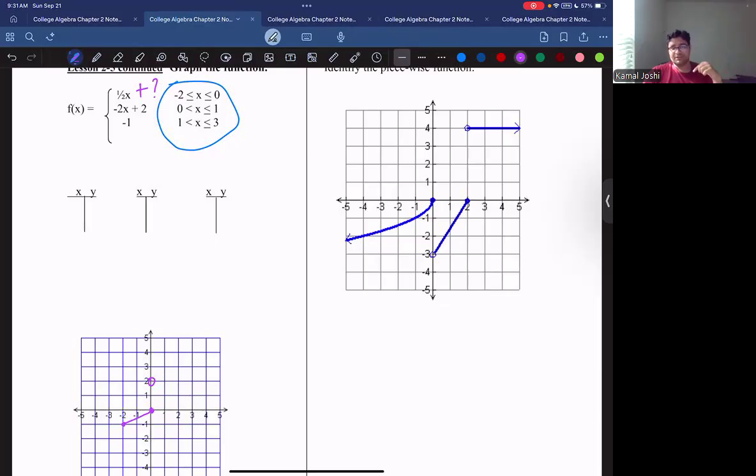If you go 1 unit right, you should go 2 units down. Okay, that is -2x, right? So 1 unit right, 2 units down will bring you here. That is the graph whose slope will be -2x plus 2.